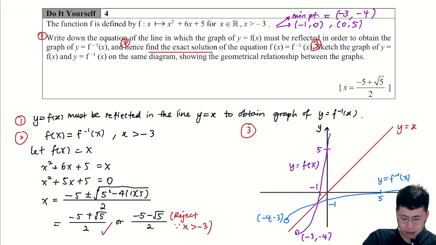And this point is negative 5 plus root 5 over 2 for both x and y coordinates. So if we want to put in these values over here, this one would be the point where they co-intersect together.